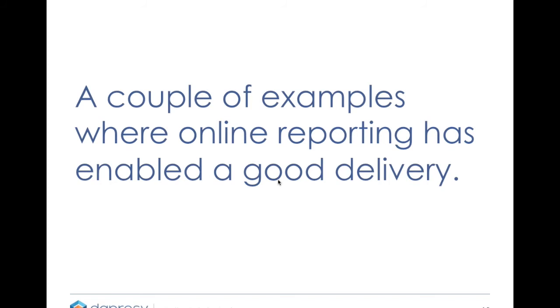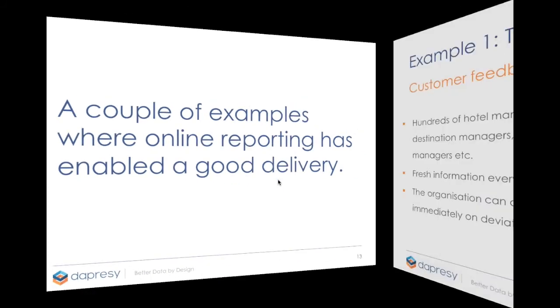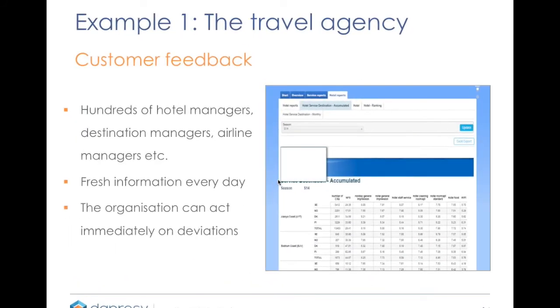I'm going to wrap up with a couple of examples where online reporting has enabled good delivery. The first one is for a travel agency. It's customer feedback, where the travel agency collects email addresses when the travelers book their trip.